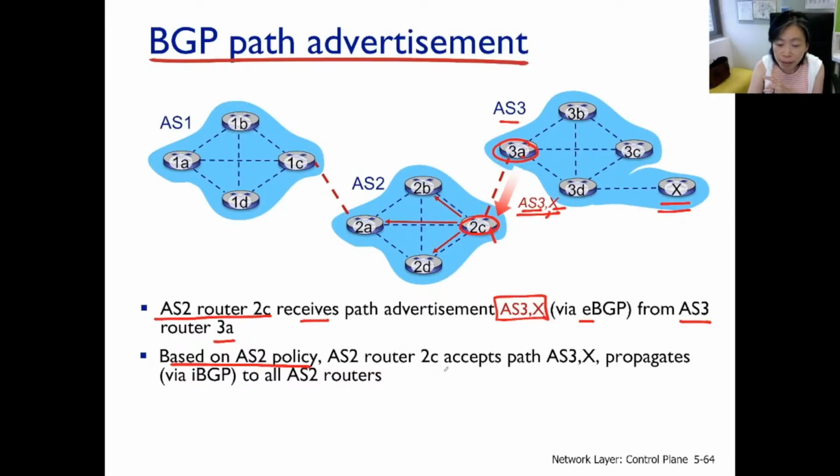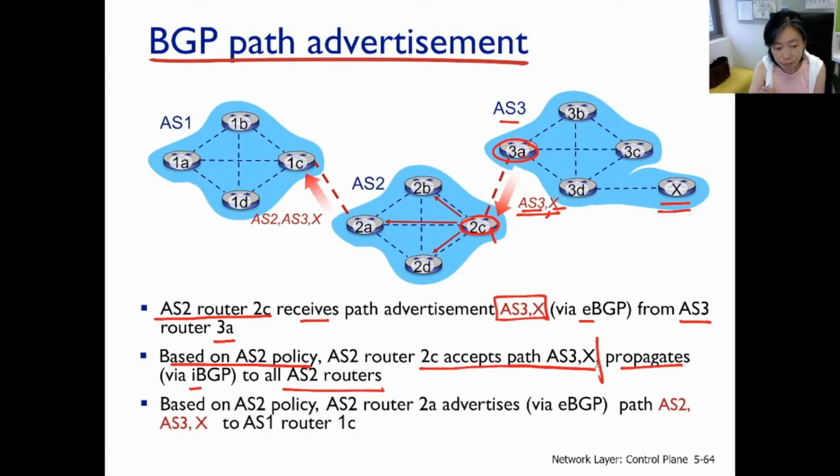If the policy says 2C, it's okay to accept the path, then 2C propagates the path to all routers internal of AS2. So sending of these AS paths internally is through the interior BGP connections. All right, so the import policy actually happens before the propagation of the path to all the routers internally.